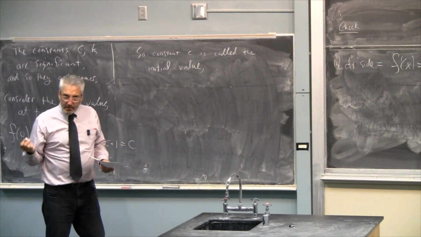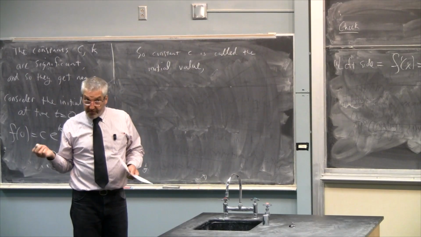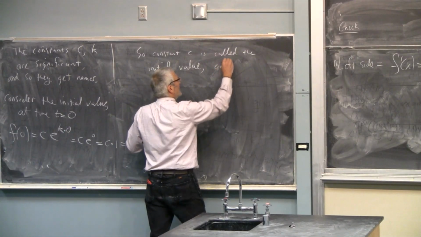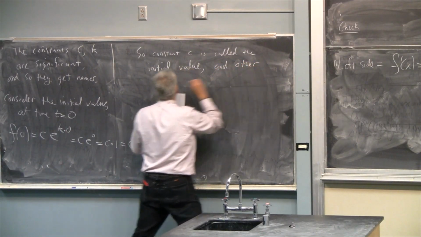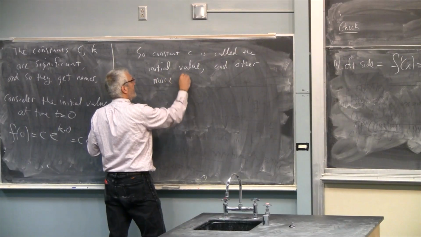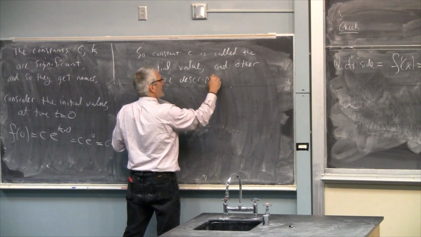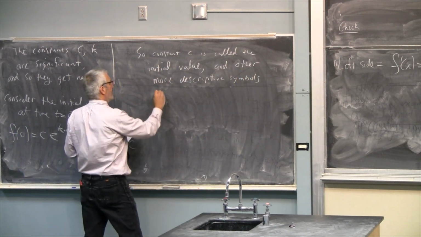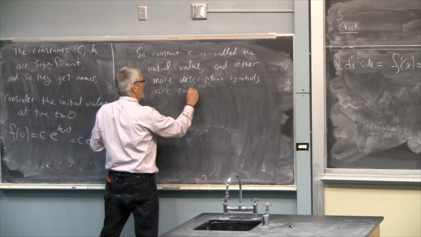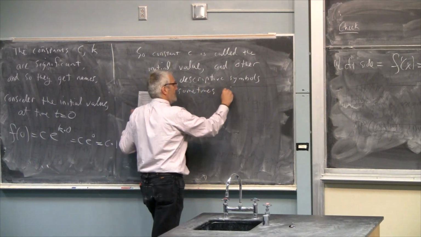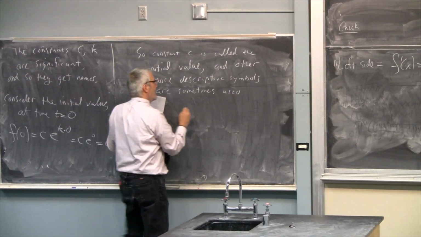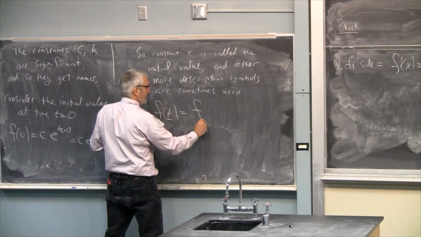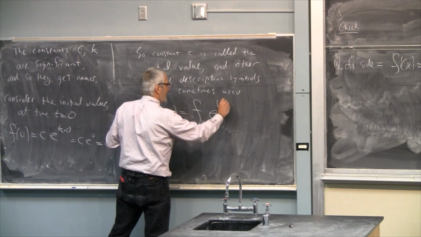And sometimes a different, more descriptive symbol is used instead of the letter c. So other more descriptive symbols are sometimes used. So I could say f of t equals f subscript 0 e to the kt.